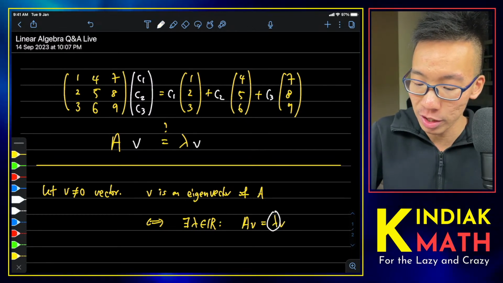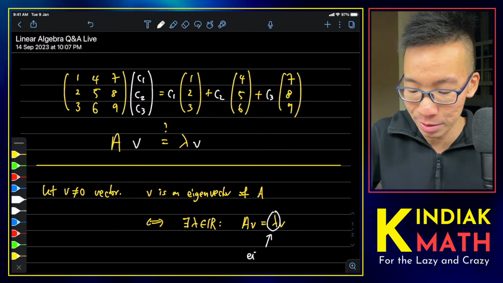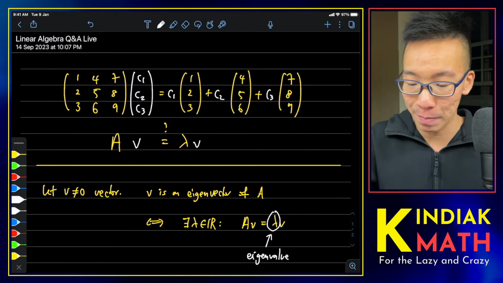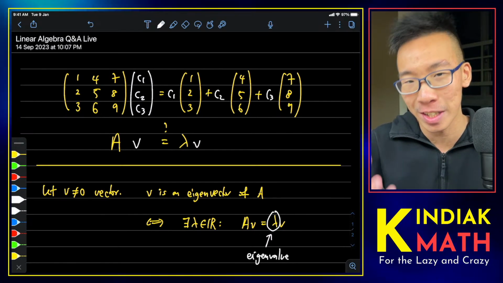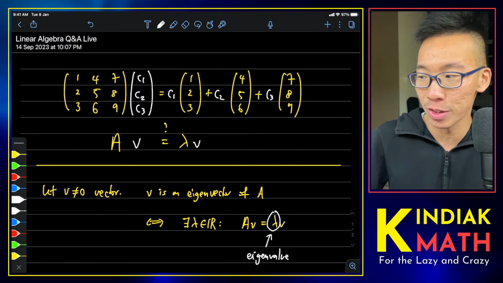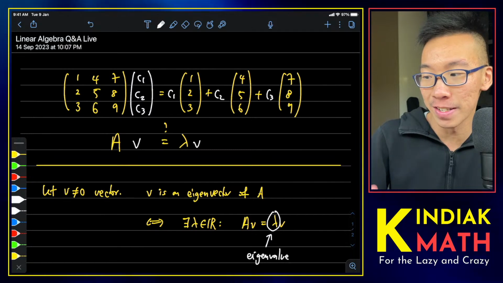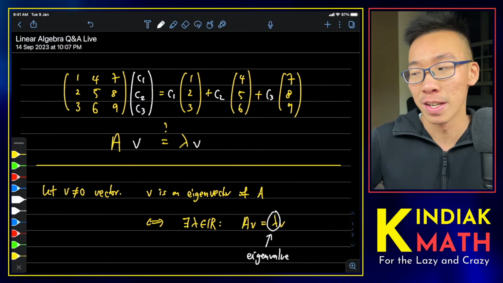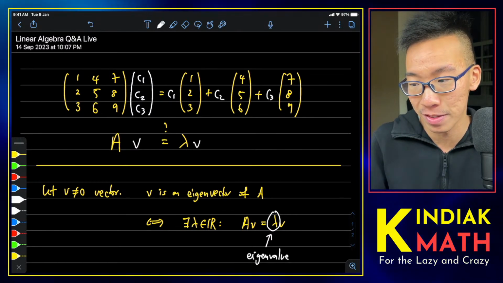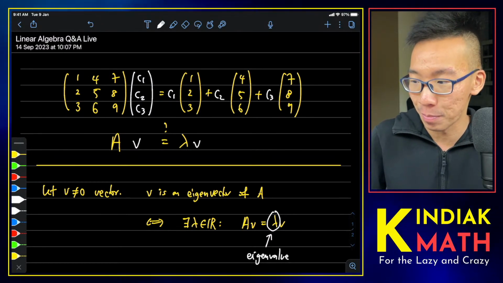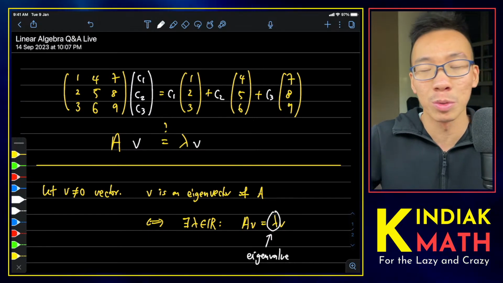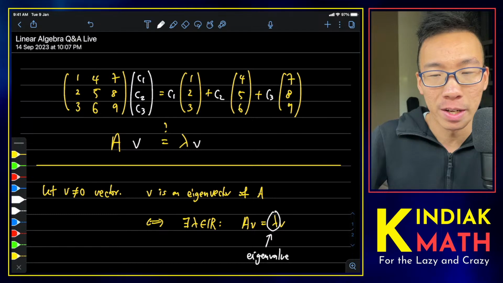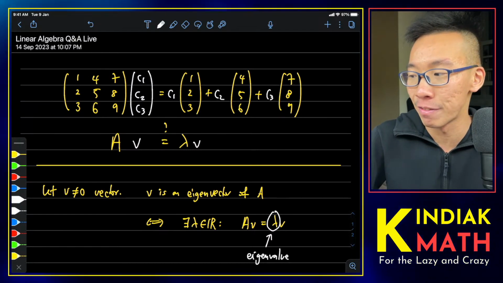In this situation, we call lambda an eigenvalue. Eigenvalues aren't the key player in this discussion. The real star of the show is the eigenvectors, because those are what give us the ease of calculation from matrix multiplication to scalar multiplication. That's the core relationship between an eigenvector and an eigenvalue.